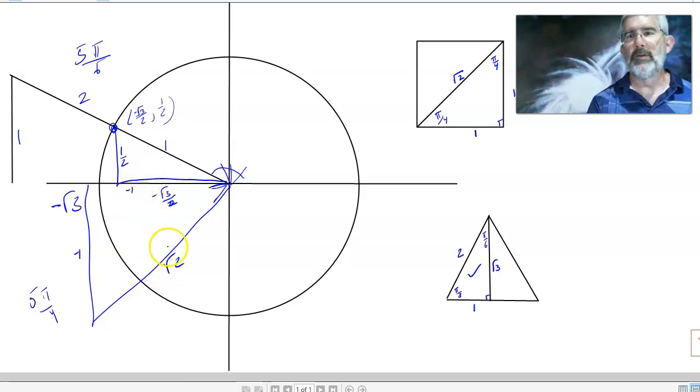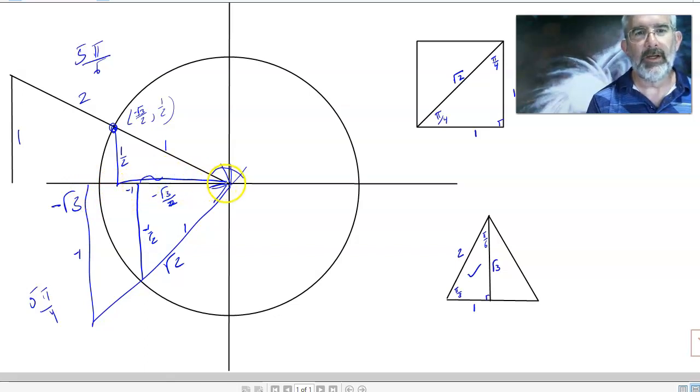Oh, but this isn't the unit circle because I don't have a hypotenuse of 1. So scale it down so you do have a hypotenuse of 1. If I just took the hypotenuse of radical 2 and turned it into a hypotenuse of 1, then I divided by radical 2. So take this one and divide by radical 2. Take the one on this side, divide by radical 2. It's getting kind of busy here.